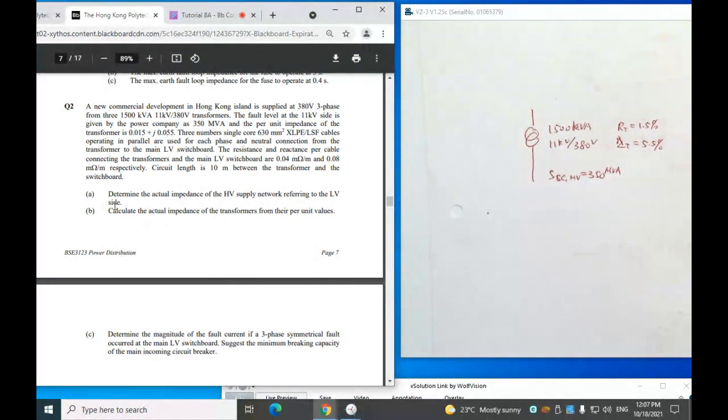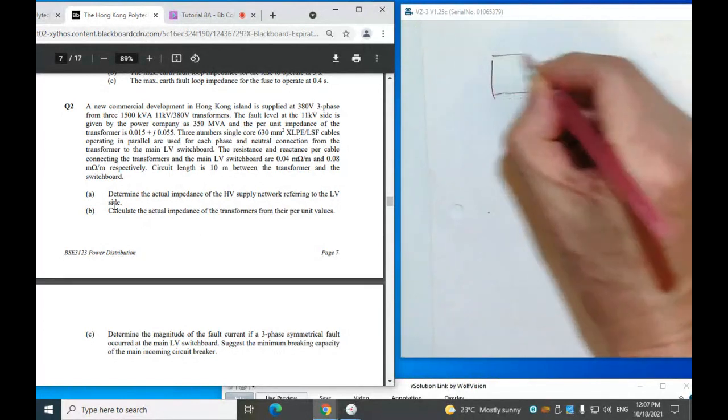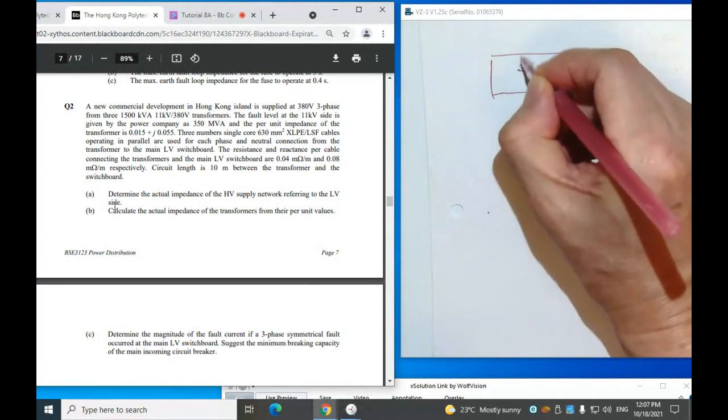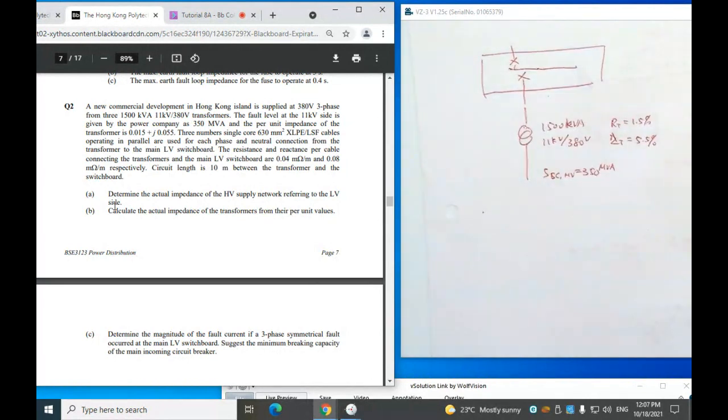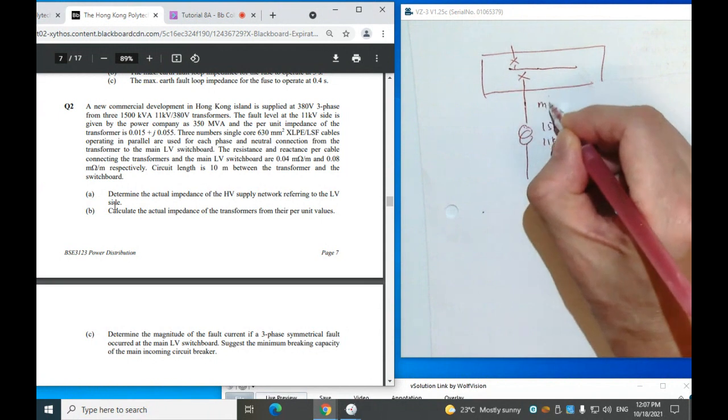And we have an LV switchboard here, something like this. And here we have the cables. This is called the main circuit: the circuit connecting the transformer and the LV switchboard is called a main circuit.